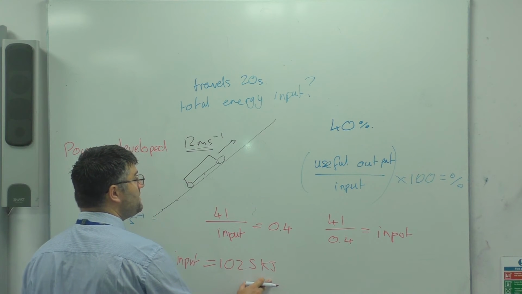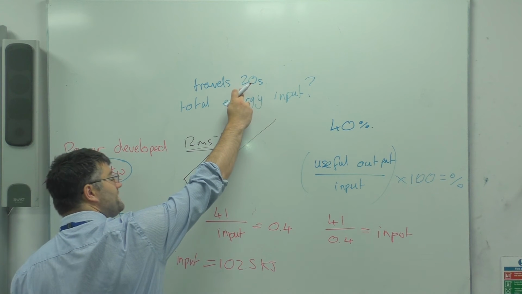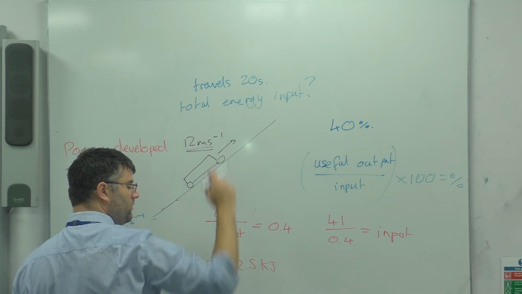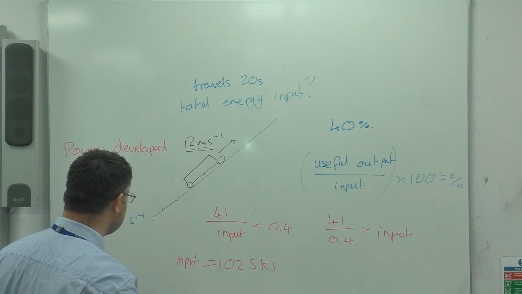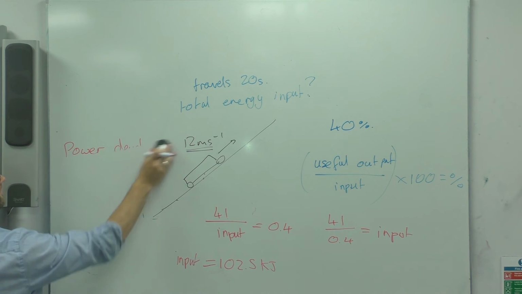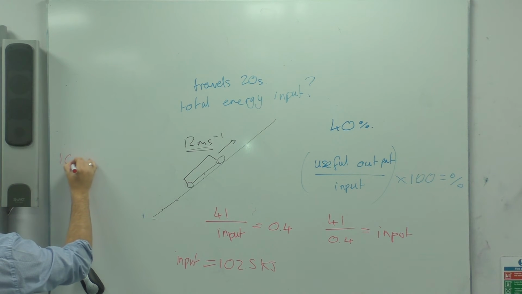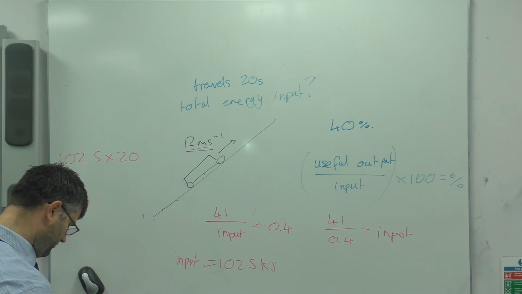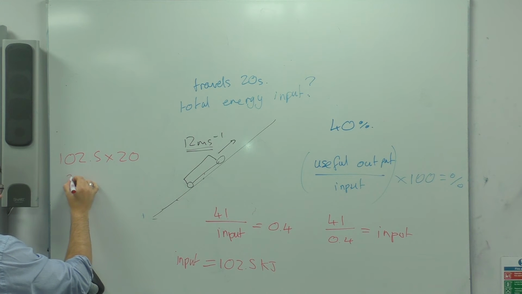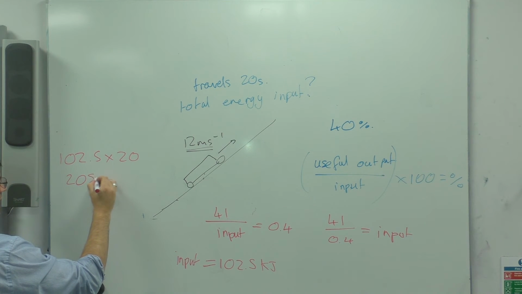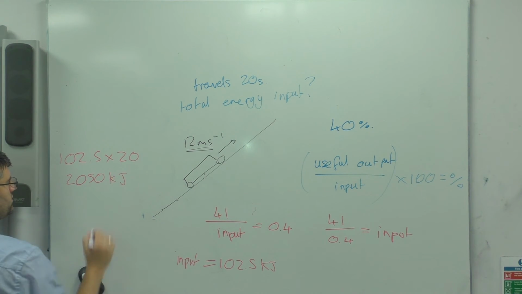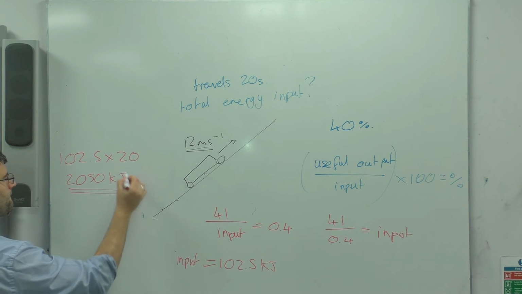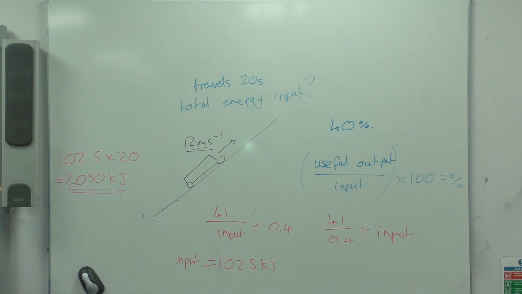So that means over 20 seconds, we times this number by 20, so 102.5 times by 20 gives us 2050 kilojoules. And that is our total energy input, okay?